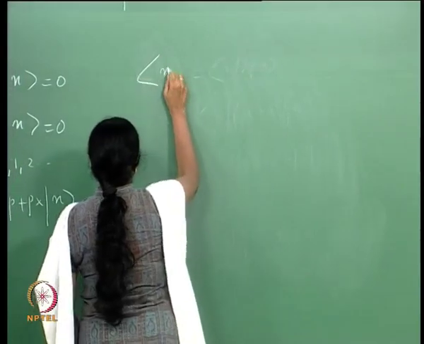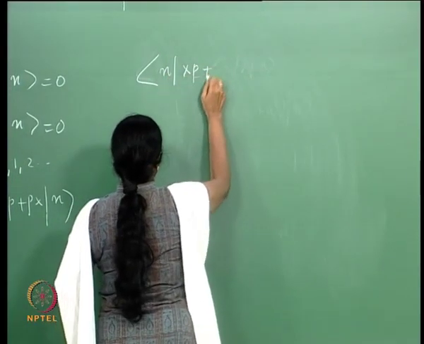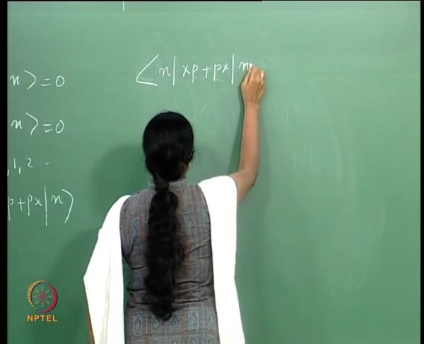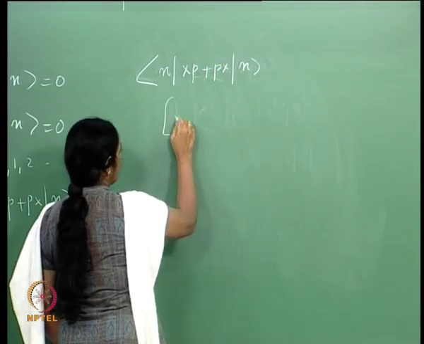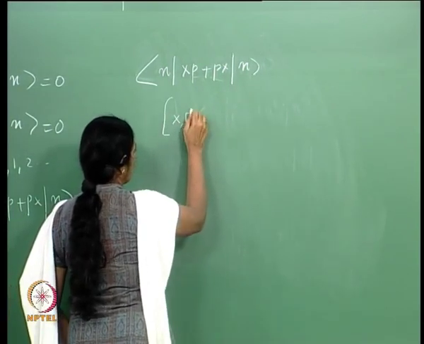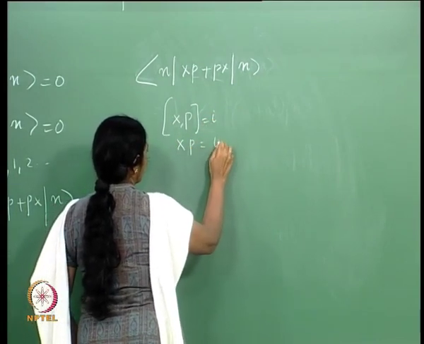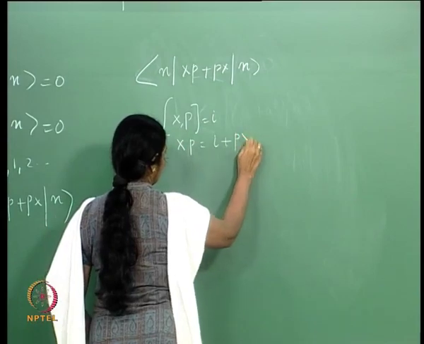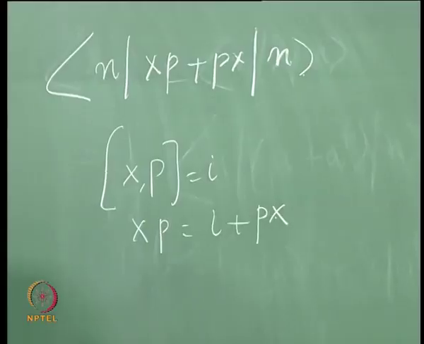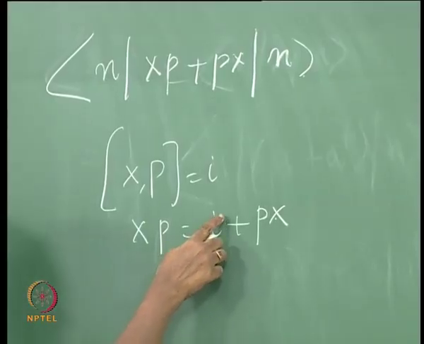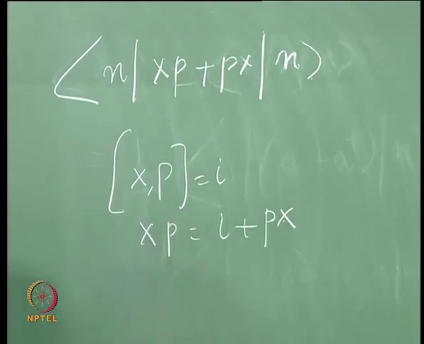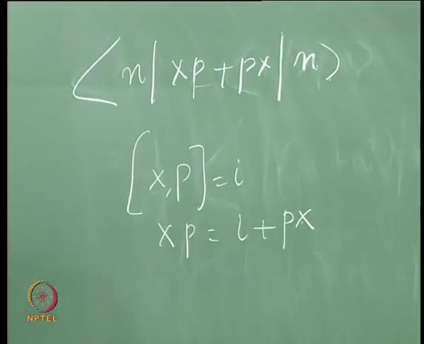So, we start with <n|(xp plus px)|n>, but we know that the commutator of x with p is i, therefore, xp is i plus px. Actually, it is i h cross times the identity operator out there, but we have set h cross equals 1.